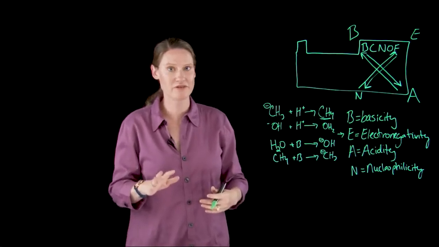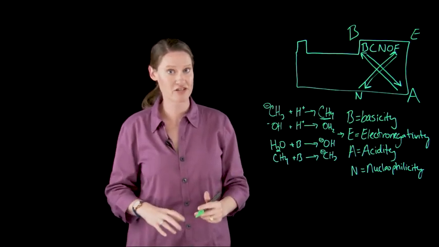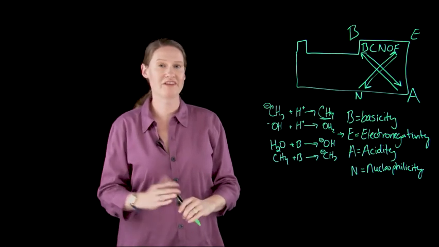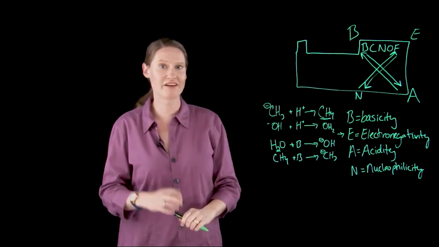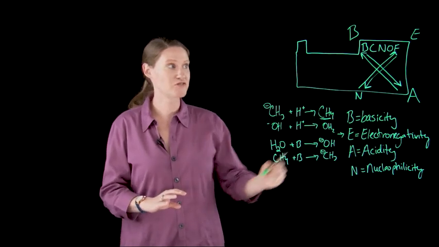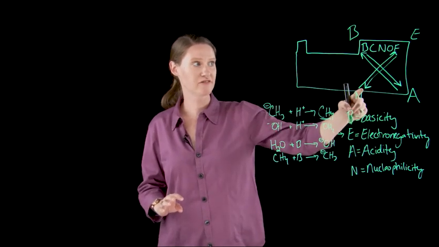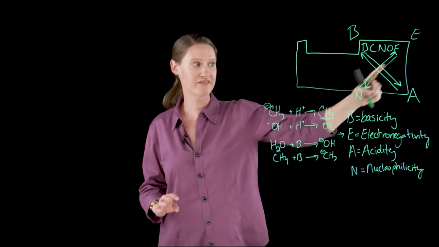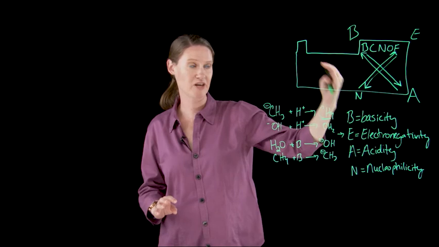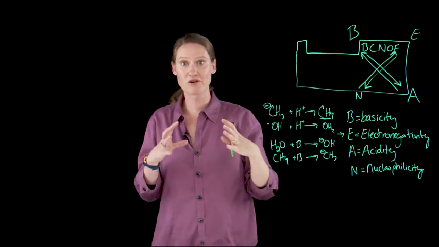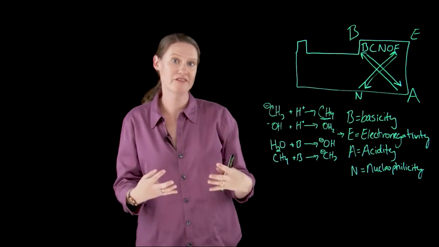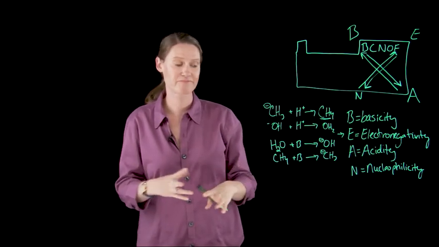That will make more sense once you start talking about reactions, once you get into an SN2 reaction and think about what's actually happening with an electron cloud as a reaction proceeds. But just for now, I want you to remember that the trend is down and to the left. It's not exactly the same as basicity, but the trend away from electronegativity is the same. But as we go down, things become larger, softer, more polarizable, and that nucleophilicity then increases.